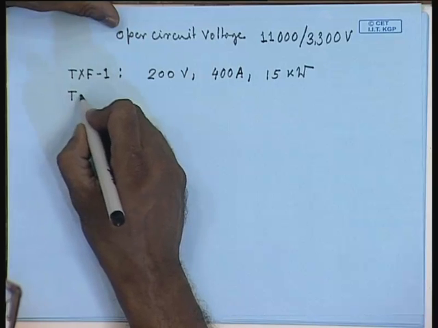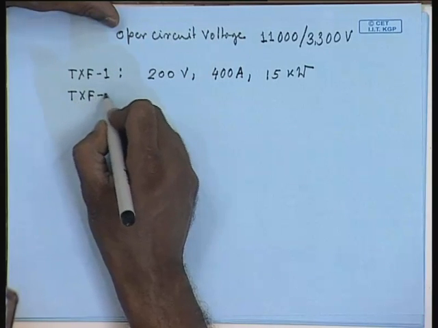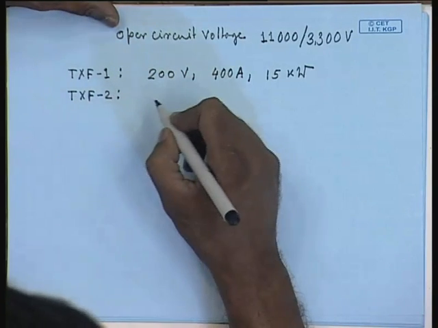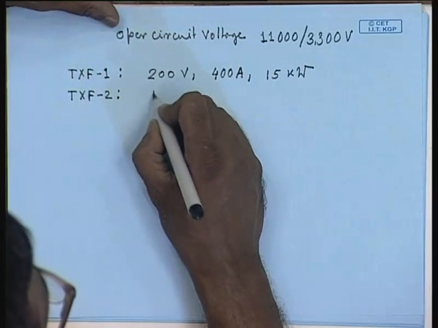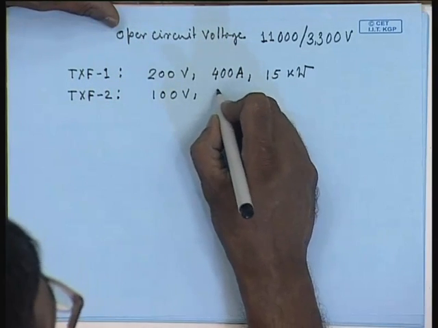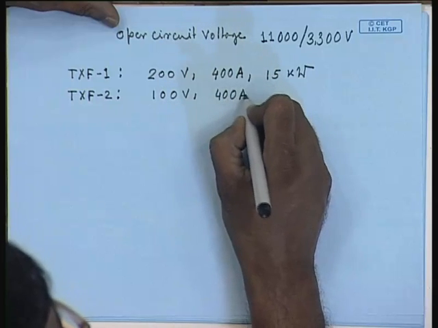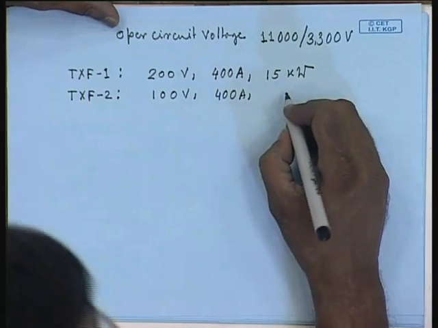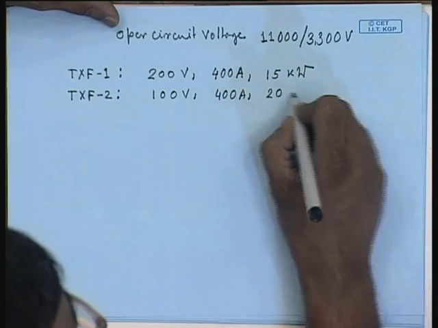For the transformer 2, again with the HV winding shorted, the test data is applied voltage 100 volt, circulating current 400 ampere, and power consumed is 20 kilowatt.